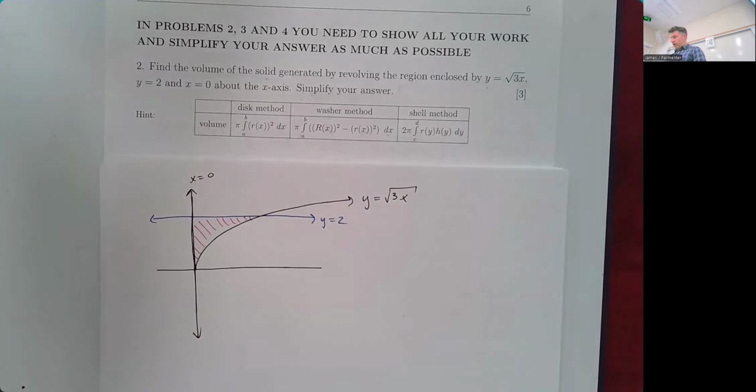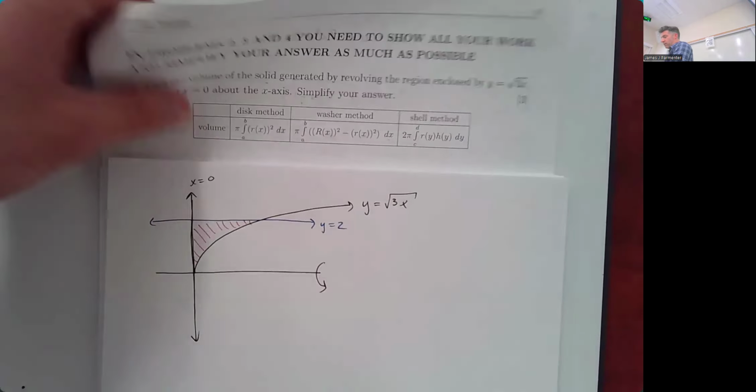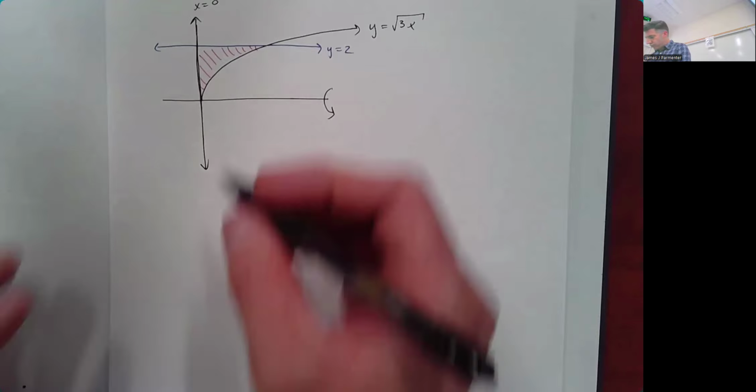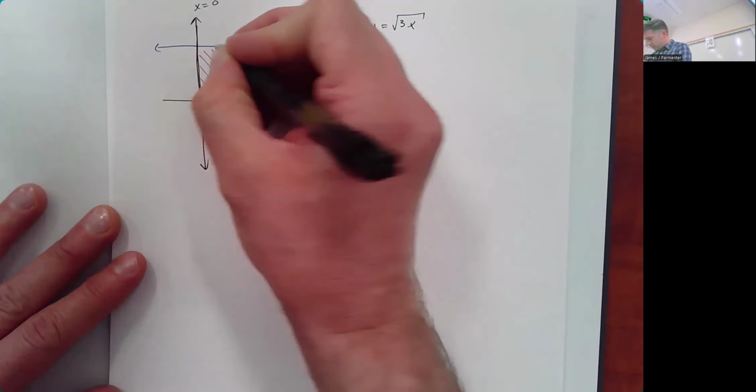Great. And we're revolving this around the x-axis. I will point out, it has not been specified what method we have to use. We could do whatever we want. We could use a vertical strip if we care to, or a horizontal strip if we care to. And either one is, in my opinion, a valid choice here, because for a vertical strip, the bottom of the strip is always this square root function.